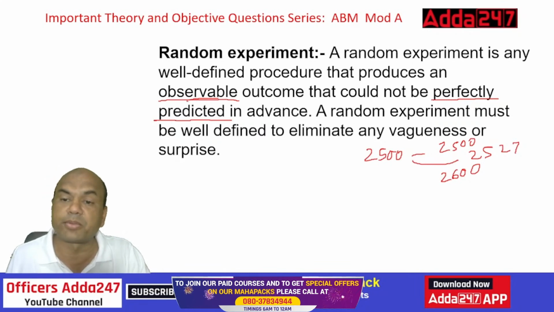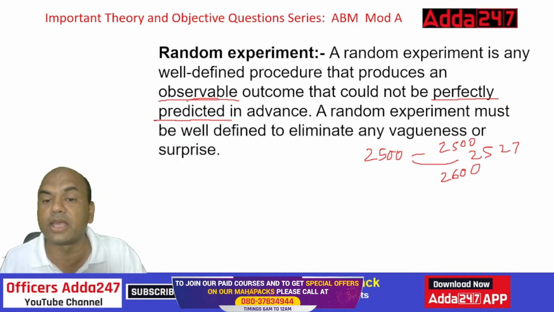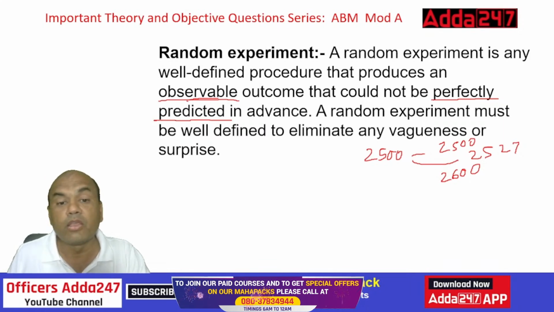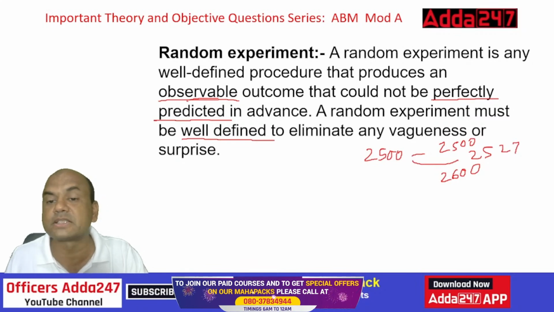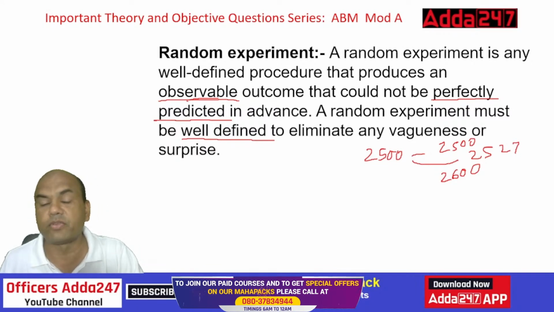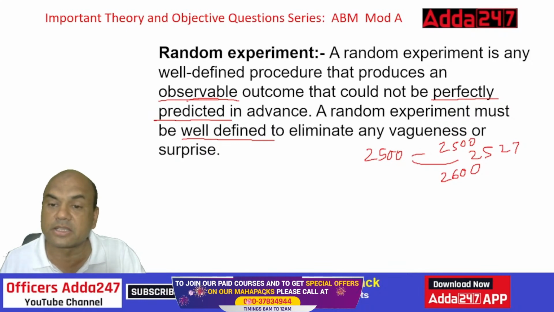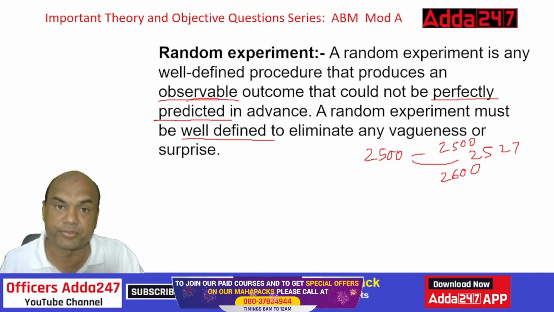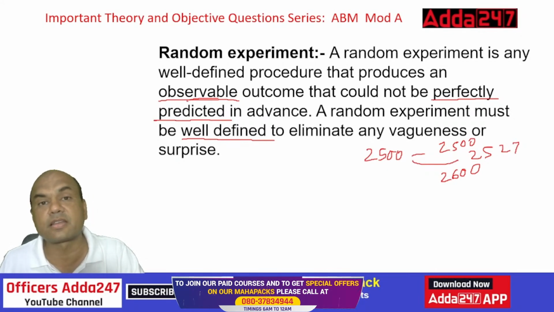A random experiment must be well-defined to eliminate any vagueness or surprises. Well-defined means whenever I am giving some observation about, let's say, the Reliance share, it should be well defined. Means what? I must know the basics, how much it rises every day. Suppose the Reliance share is rising every day by, let's say, 1% every day.